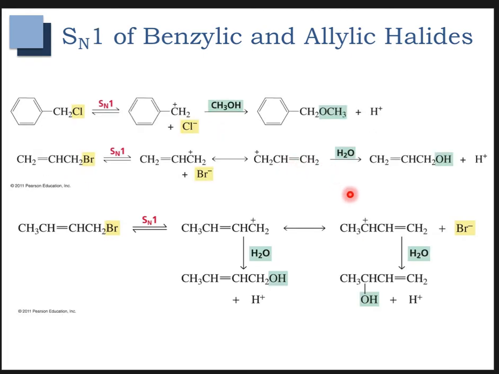SN1 can also do this, interestingly, even though it's primary. When the chlorine falls off and leaves a carbocation, you have a carbocation that is stabilized by the benzene ring. So if you wanted to, you could draw resonance structures. I'll just very quickly draw one resonance structure here of this benzene ring, and I recommend that you practice and try to draw the rest on your own.